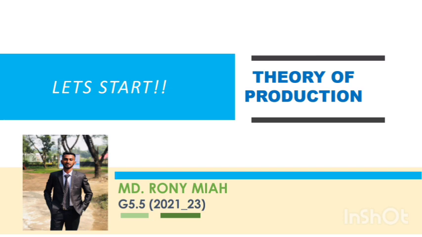We also discuss total product TP, average product AP, and marginal product MP. We also discuss MRTS, marginal rate of technical substitution. So I aim to provide a clear understanding of this concept. So let's start.